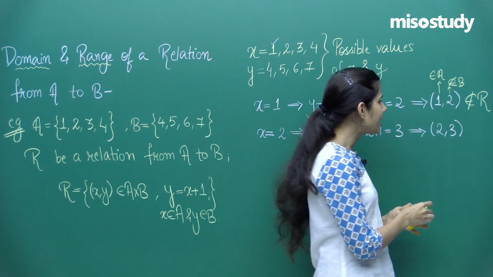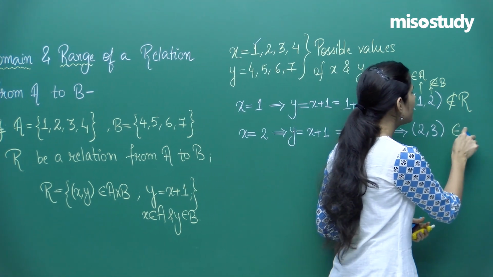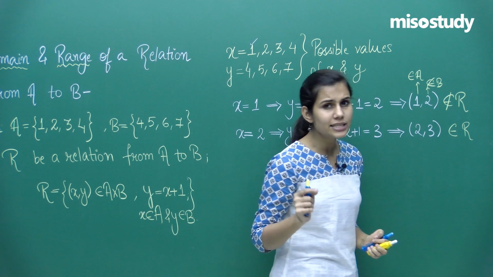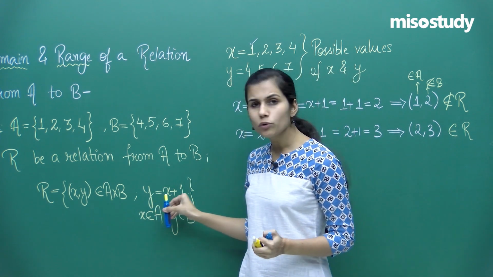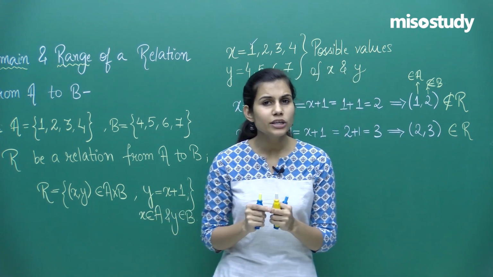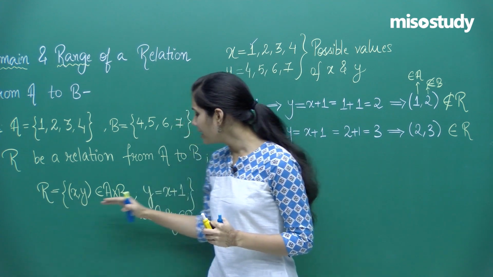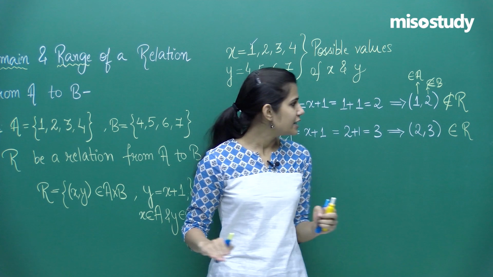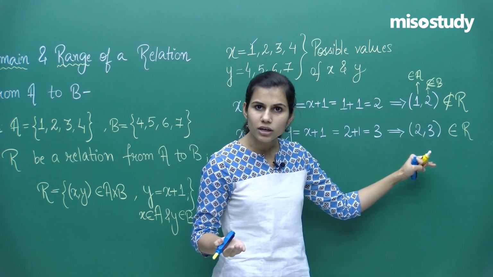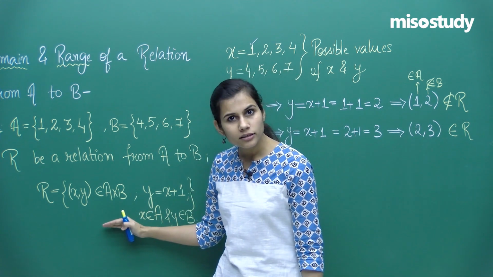But can I say that this ordered pair, because it satisfies the rule of y equal to x plus 1, is going to be a member of the set R? Because R has members which satisfy the rule. So yes, 2, 3 is satisfying the rule. So can I put it inside R?